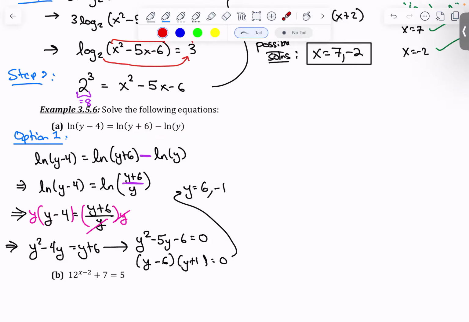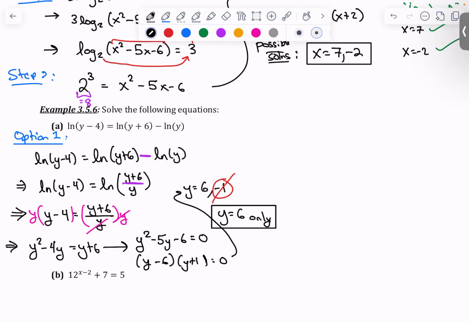That's okay. So 6 works. Now let's try -1. -1 minus 4, that's a -5. That doesn't work. So -1 is out.